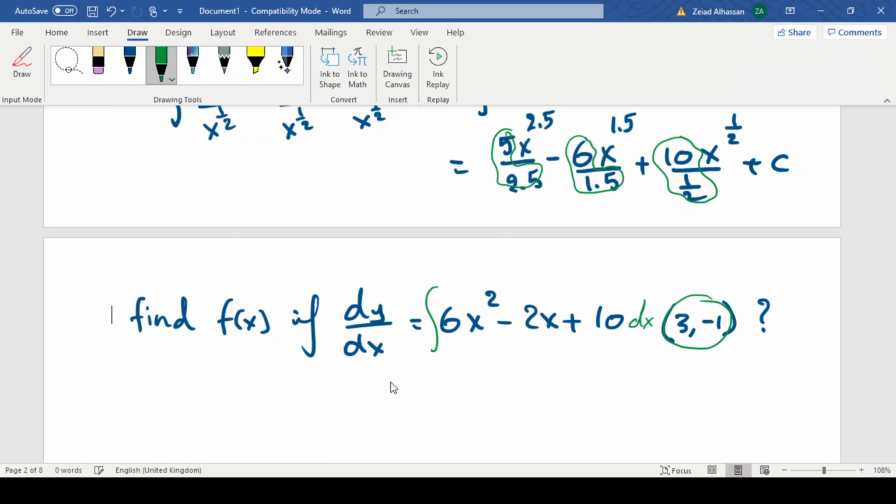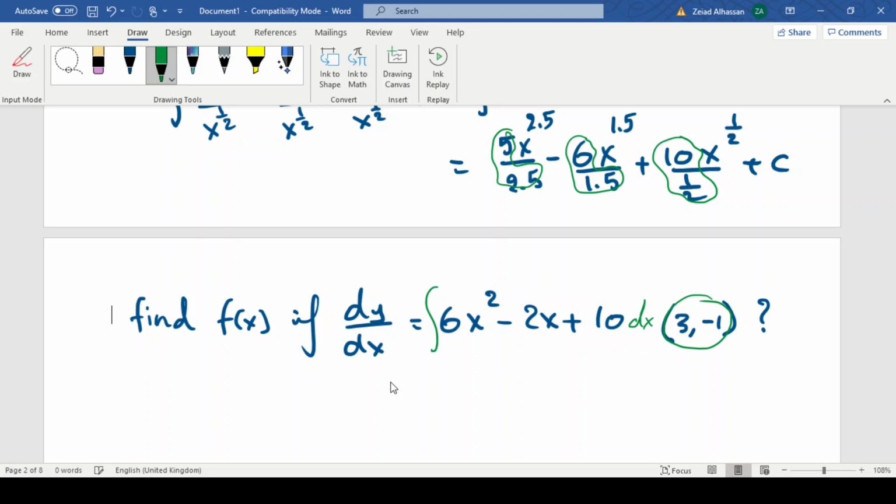When I do integration for dy over dx, we are finding y: integration 6x cubed over 3 minus 2x squared over 2 plus 10x plus c. To simplify it, we may write y equals 2x cubed minus x squared plus 10x plus c. Up to now we didn't find f(x), which is your y.